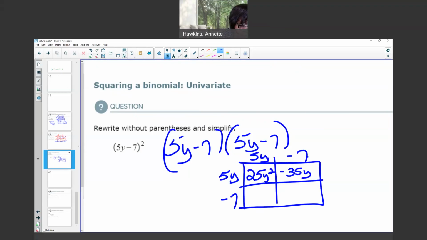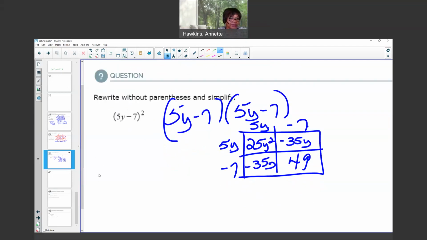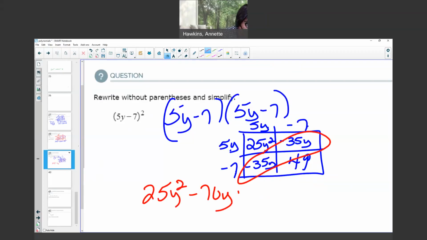Negative 7 times 5y is negative 35y. Negative 7 times negative 7 is 49. So 25y squared minus 70y plus 49.